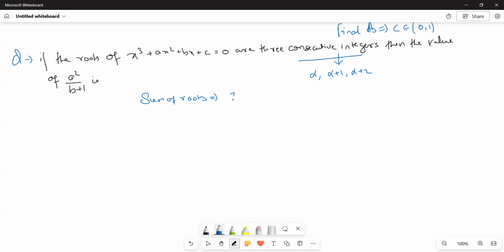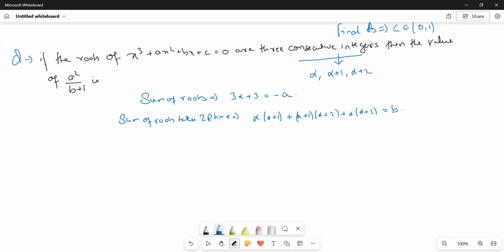The sum of the roots will be 3 alpha plus 3 and that is minus a, and the sum of the roots taken 2 at a time will be alpha into alpha plus 1 plus alpha plus 1 into alpha plus 2 plus alpha times alpha plus 2.